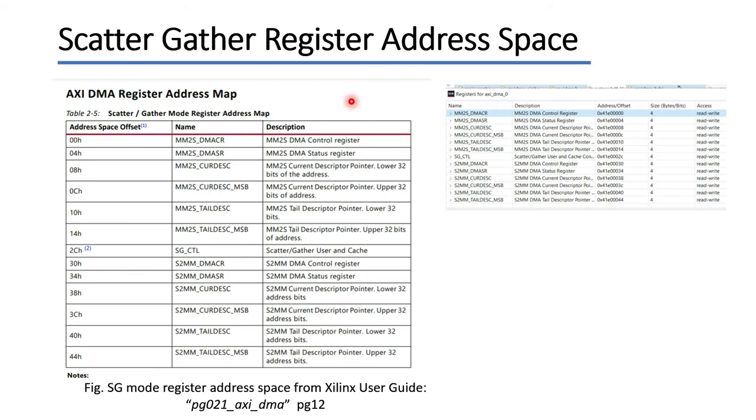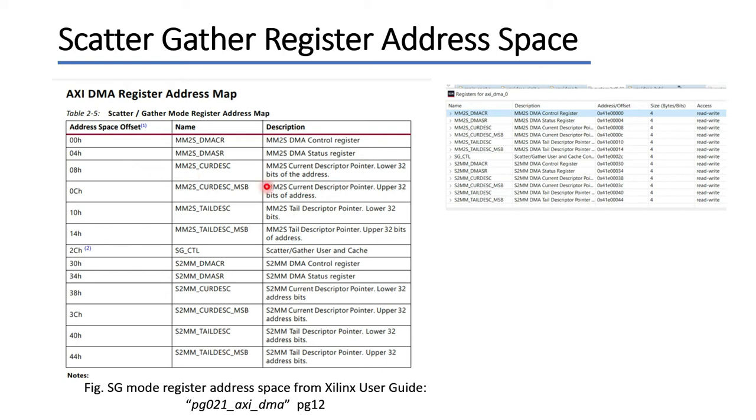Now let us look at the scatter gather register address space. This is also taken from the Xilinx document, and this is a screenshot from the SDK. First of all, the DMACR register provides the control for the memory map to stream data channel, and the status register provides the status for the memory map to stream data channel.